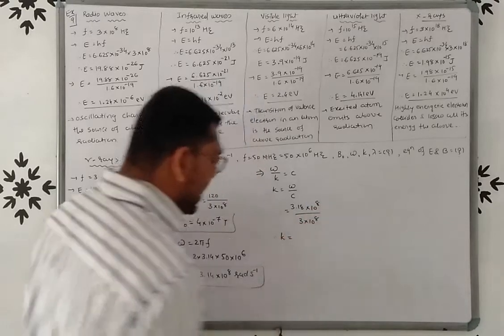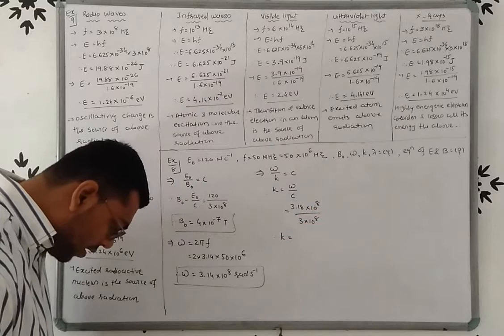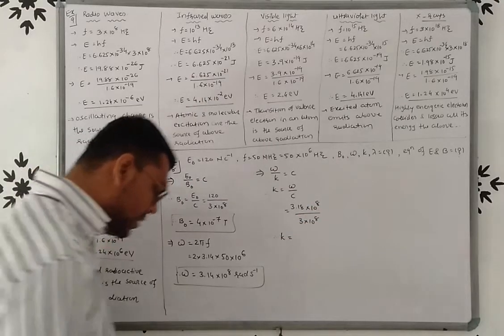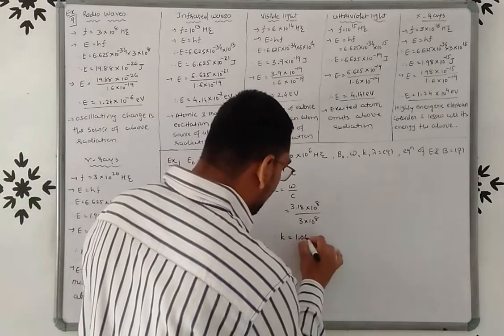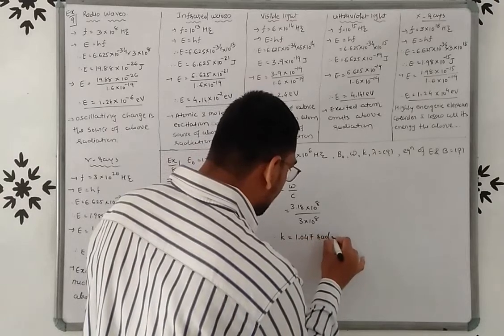So you will get K equals 1.047 radian per meter.